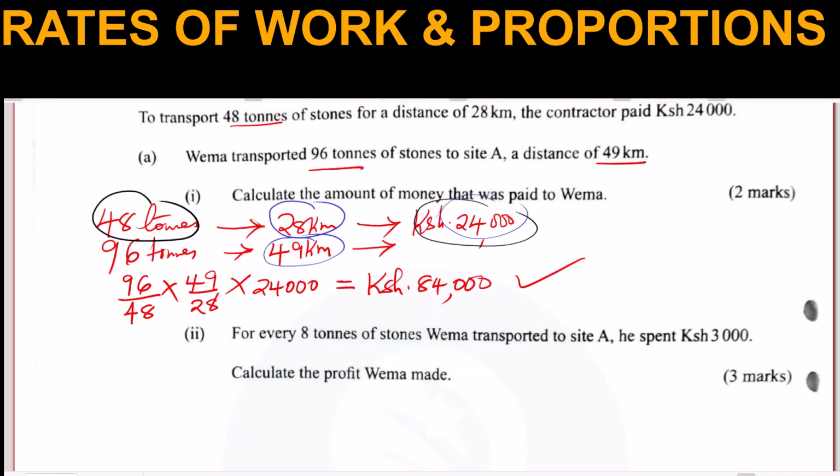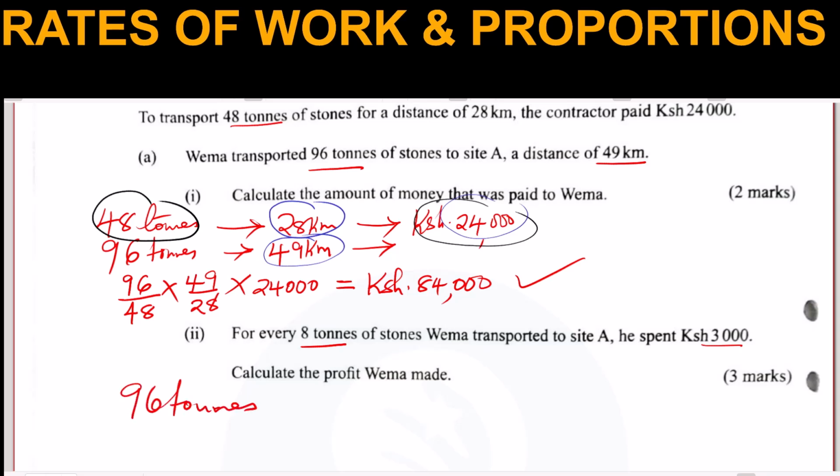Part 2. For every 8 tons of stones Wema transported to site A, he spent 3,000 shillings. Calculate the profit Wema made. For every 8 tons transported, he spent 3,000. So what amount did he spend for transporting 96 tons?